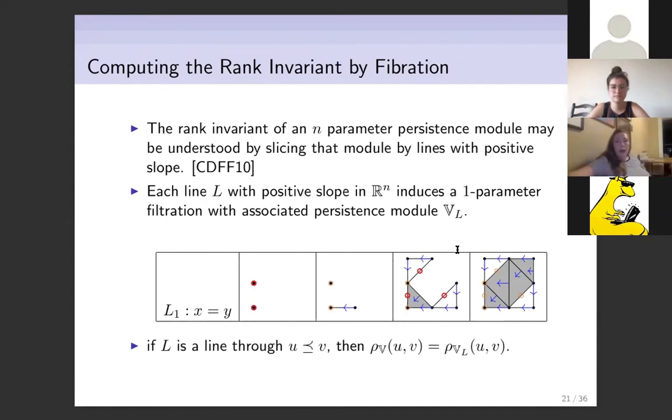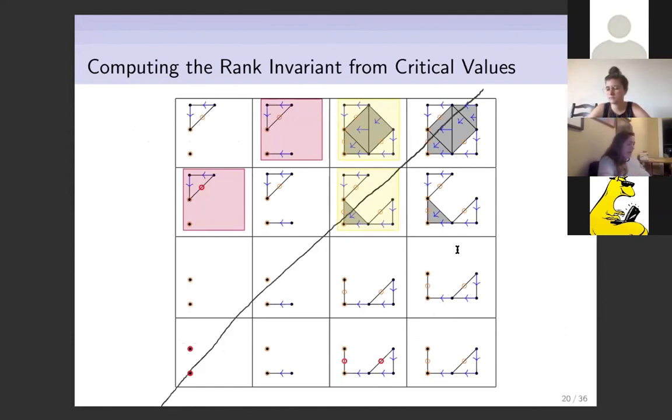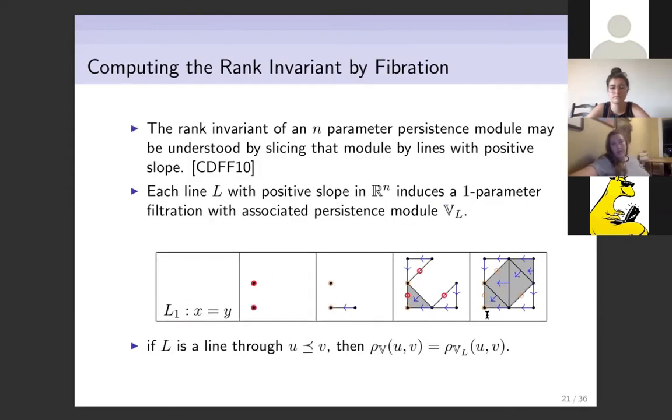Okay, so if we go back to this slide here, we have a two-dimensional filtration. If I draw a line with positive slope here, I can see that this line picks up a line in the filtration. So if I restrict this filtration to that line, I'm going to get a one-parameter filtration.